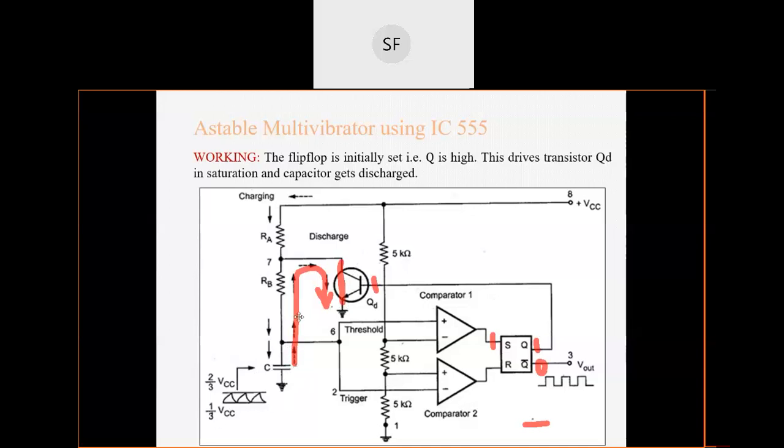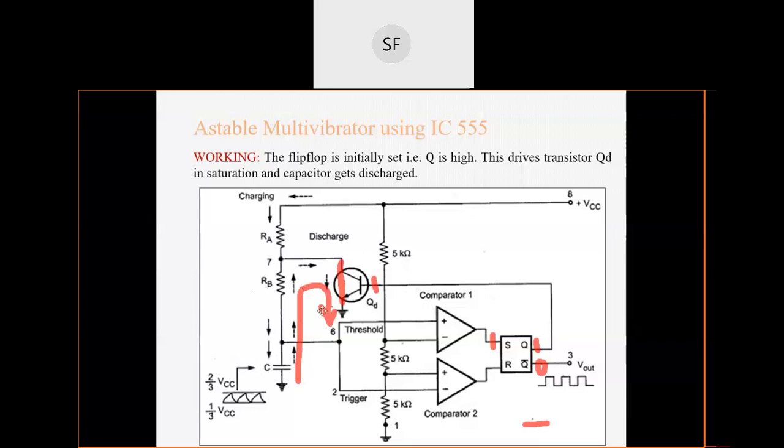And the discharge path will be like this. So this also, behind this dotted, you can assume here in the figure, these dotted arrows are nothing but a discharge path. Okay. So now remember what is the important point here: if you observe the path of discharge, then there are two components, component C and component RB, right?